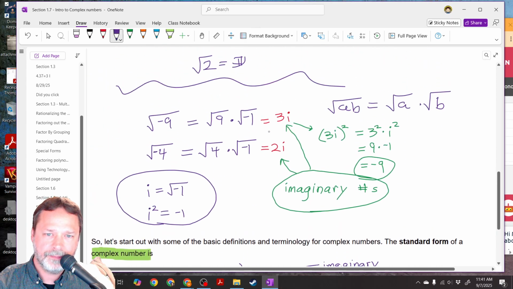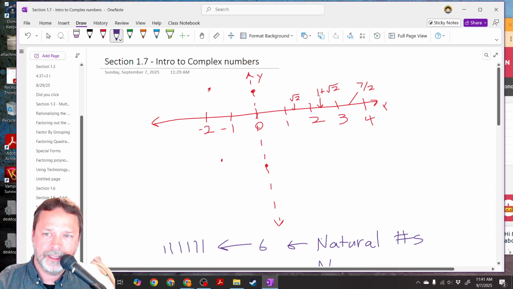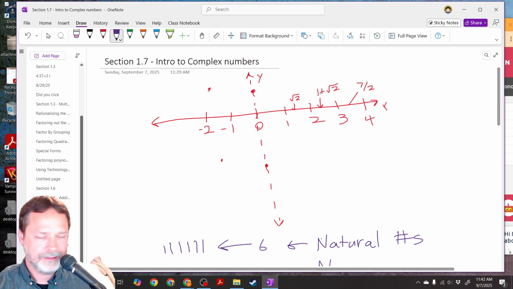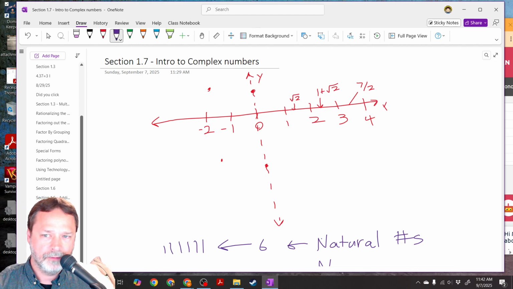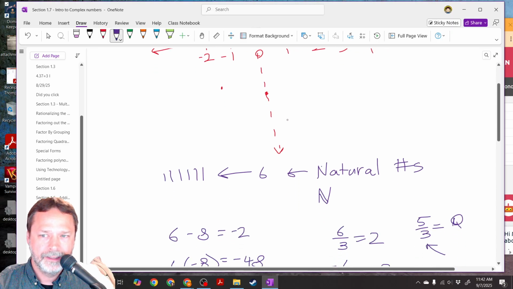Just like before, you remember I went up to the number line, I had root 2 and I had 1 plus root 2. You could almost think of it as analogous to that: for irrational numbers, you got the irrational part, and you can have the rational part. You could break it up, 1 plus root 2. That is an irrational number, but it has a rational part and an irrational part.